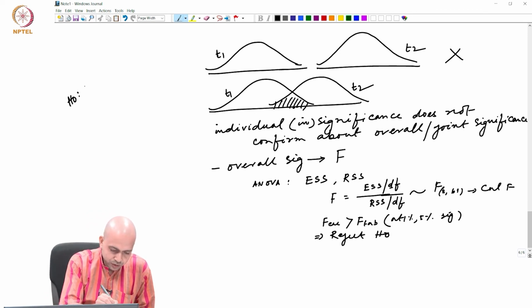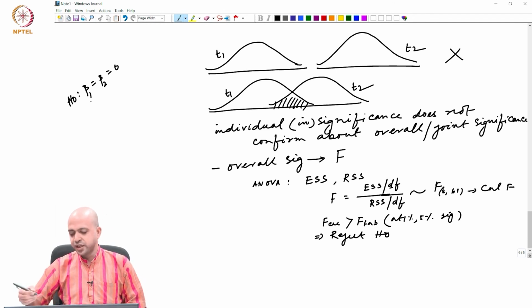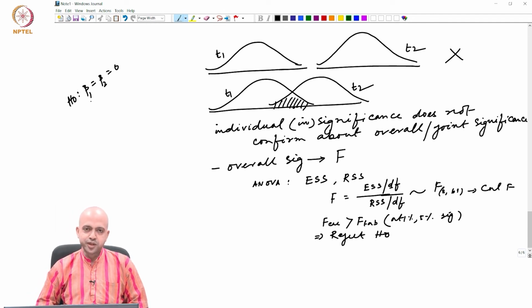H naught was beta 1 equals to beta 2 equals to 0. Once this is rejected, we will establish the alternative. That means, yes, the variables have their joint significance also. But we need not compare the F value with the tabulated one, as we said earlier.